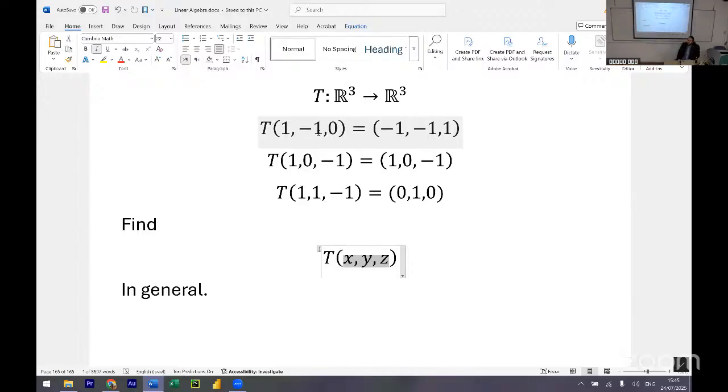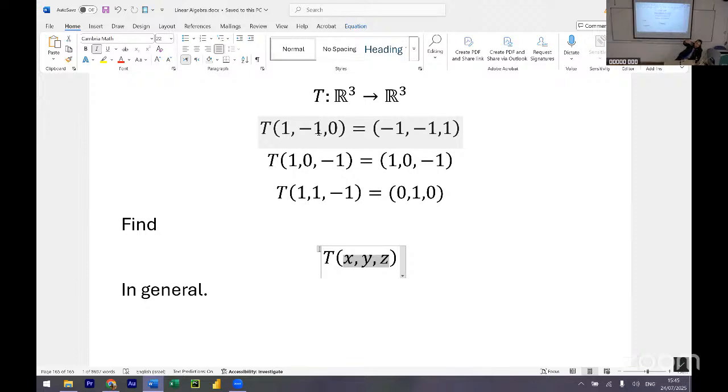How do we know that's a basis? I'm skipping a few things. You need to make sure, and I will tell you how. These are three vectors.